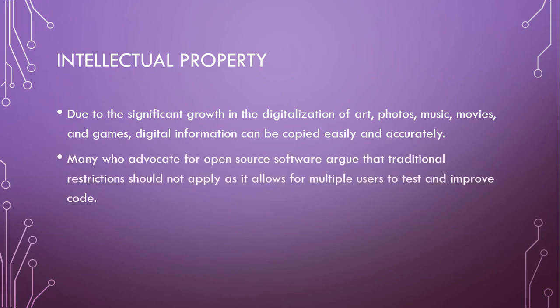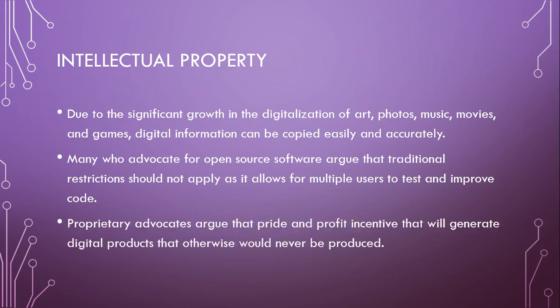There are many who would advocate for things such as open source software, saying traditional intellectual restrictions don't apply because when something is online, multiple people can test it and give their feedback and improvements. All these good things. But the people on the proprietary side say that might be true, but there's a certain sense of pride and profit that go into generating digital products that may not otherwise be made, because there's a monetary incentive.